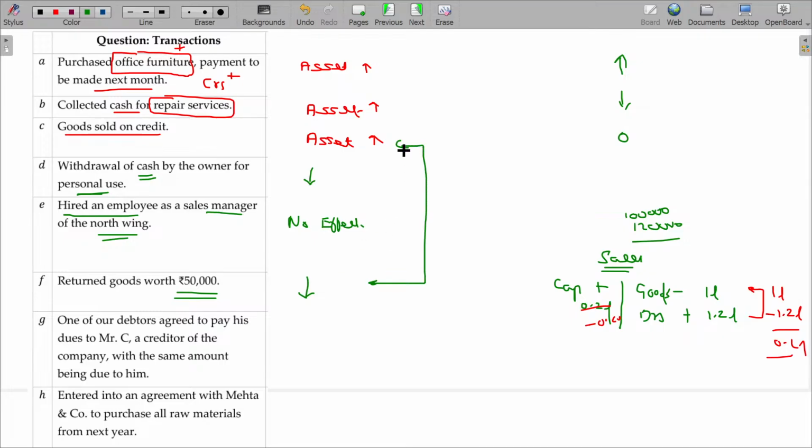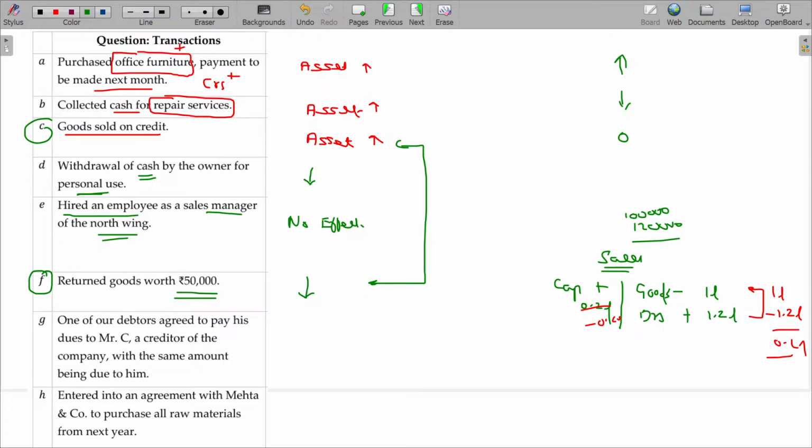Understand, sales return and purchase return are inverse entries. I have not stated that properly anyway.